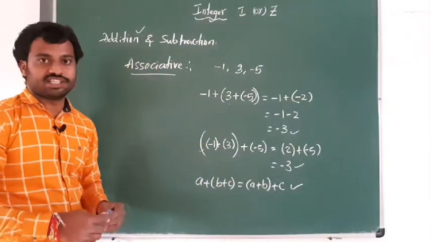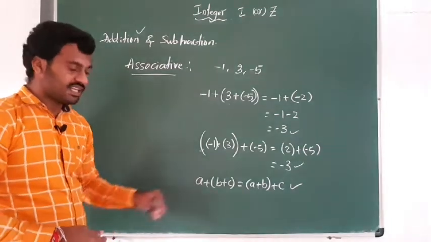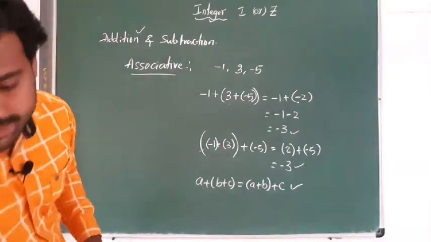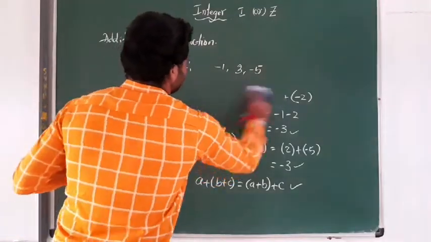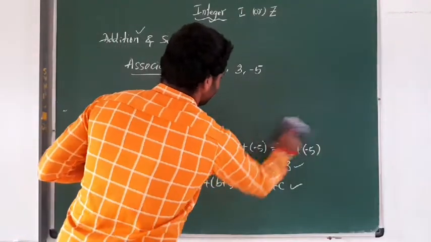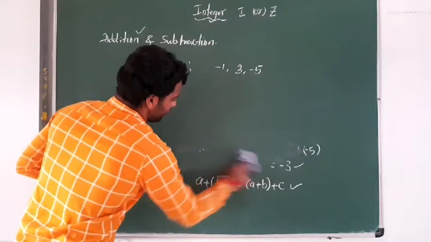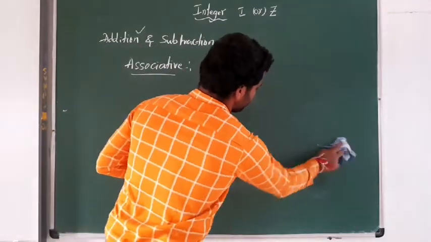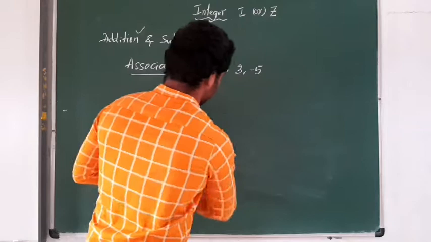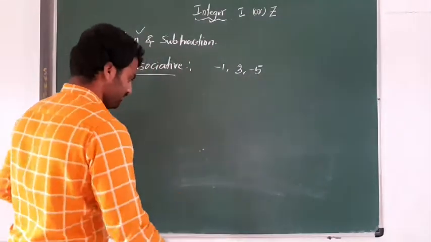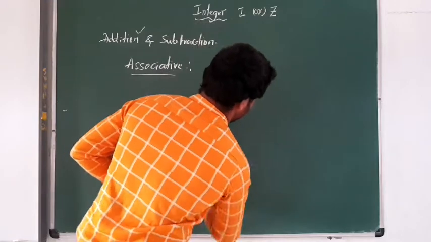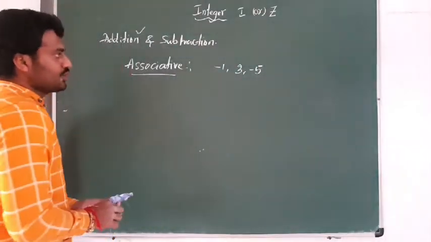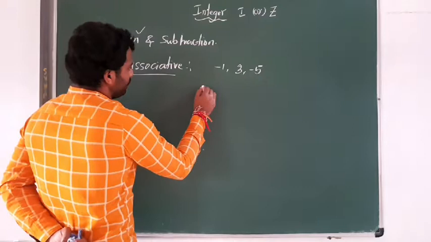What about subtraction? Is it going to satisfy under the subtraction? Let us see. For the subtraction, same numbers I will take and I will do the subtraction, whether it is going to satisfy or not. So subtraction, what I will do?